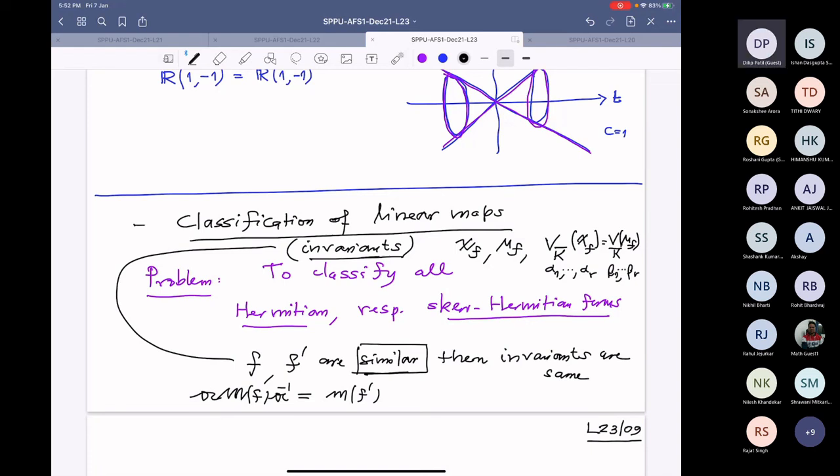See, what are the invariants here? They are polynomials or zeros and multiplicities, integers, and so on. Similarly, we will identify some invariants and use those invariants to classify all Hermitian and skew Hermitian forms. All right.